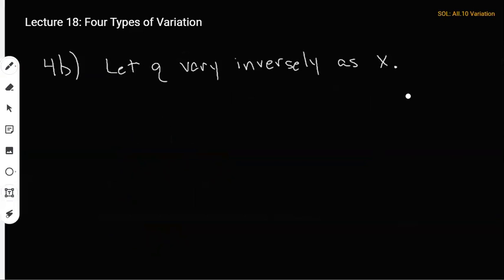So this means we're going to have inverse variation. That means we're going to be dividing by x. And we're going to let x equal 2. And we're going to let q be 8.